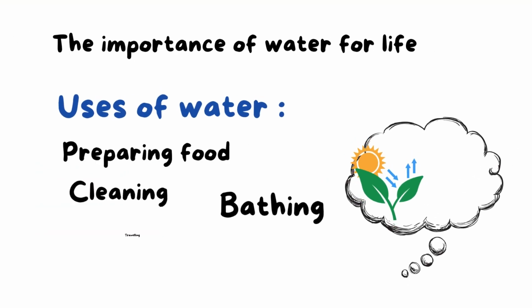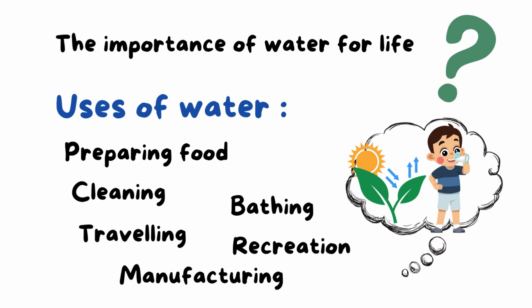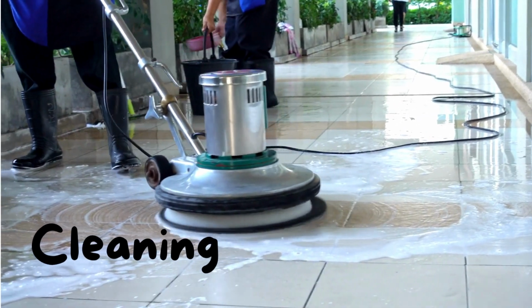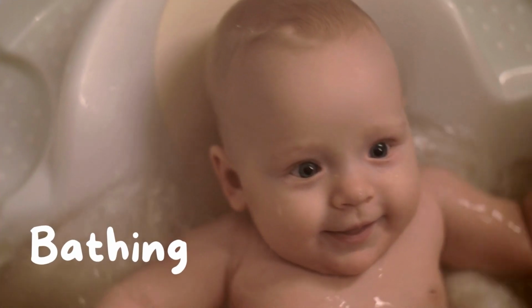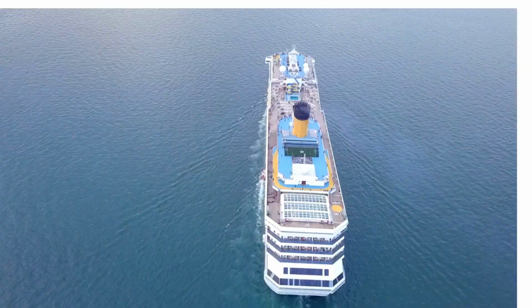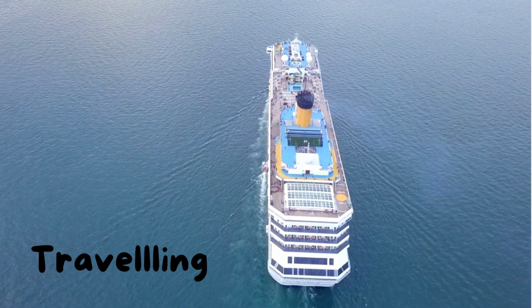So what is the importance of water for life? Yes, all living organisms need water to drink, to grow and survive, and the plant needs water to make photosynthesis. We have some uses for water, like preparing food, cleaning, bathing, and traveling, as we travel across the seas and oceans by ships.